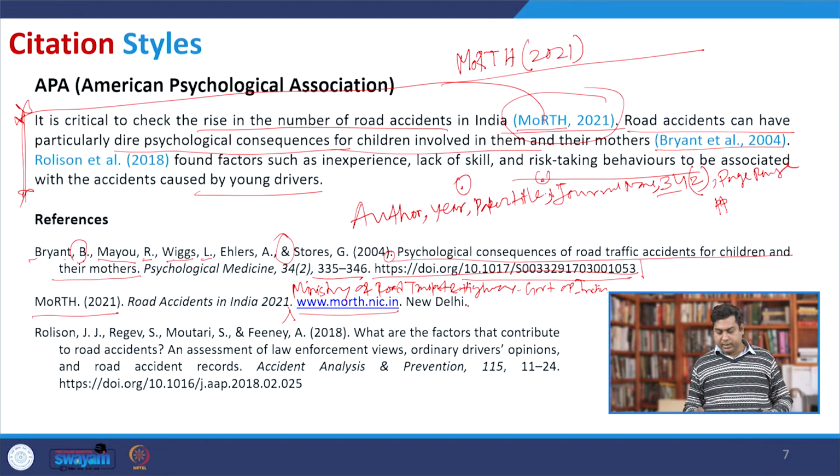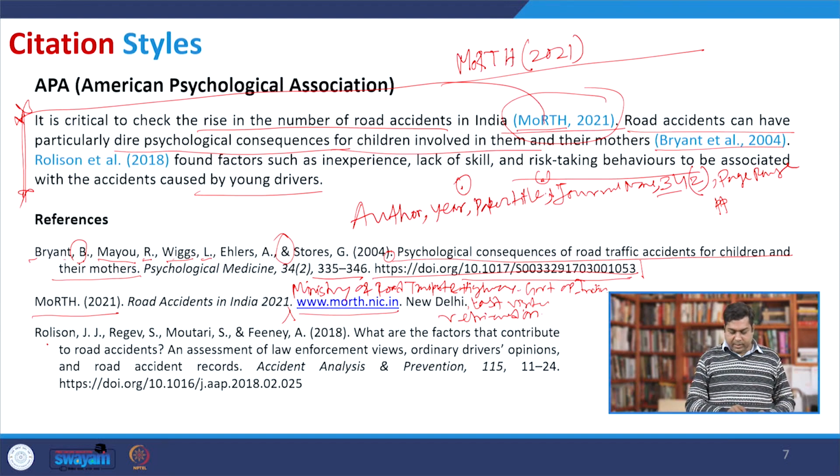So, you also write last visited, or you can say retrieved on the date, the last date when you referred to it, so that later on if this is relocated somewhere, you can claim that okay, this was there at that time.